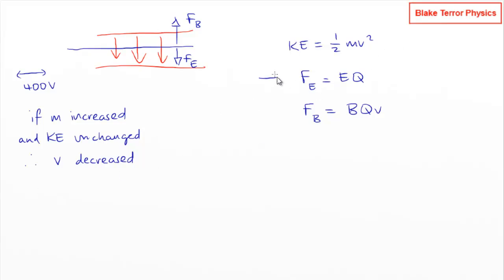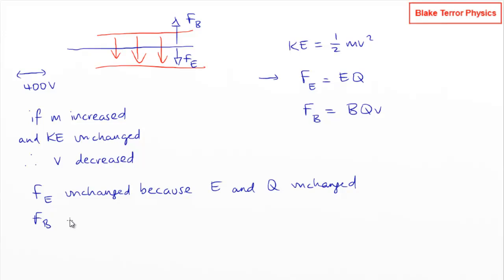Then we can move on to this one and say FE is unchanged because E and Q are unchanged. Then we can look at FB. We can say FB has decreased, because B and Q are unchanged and V decreased.